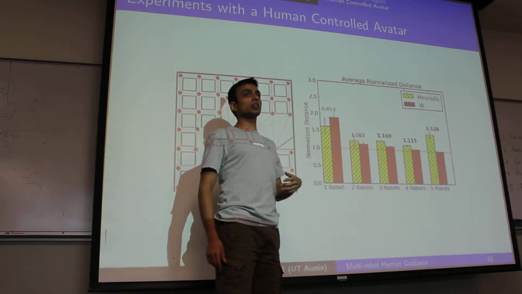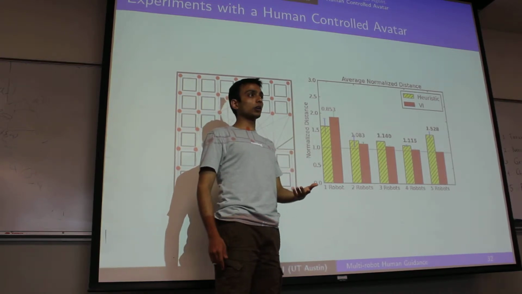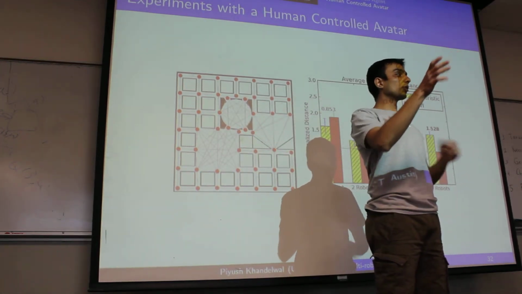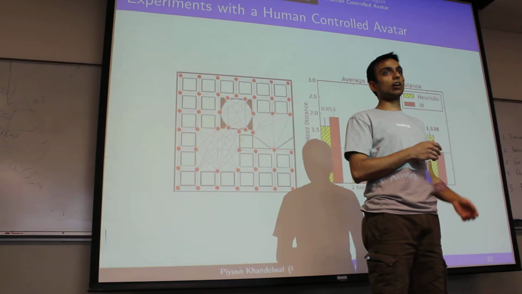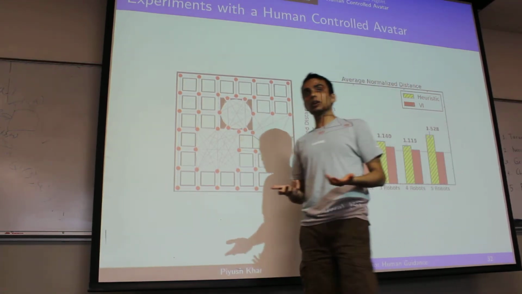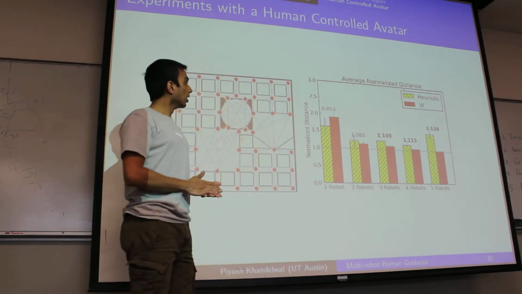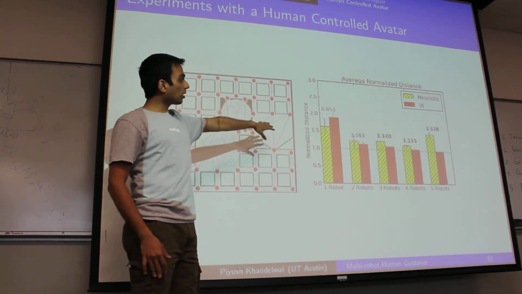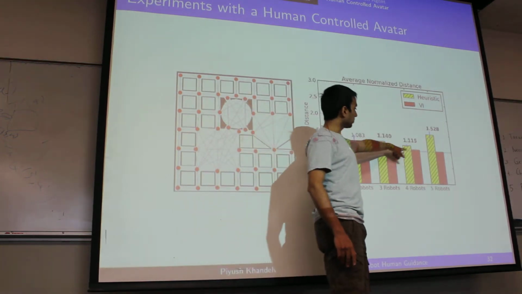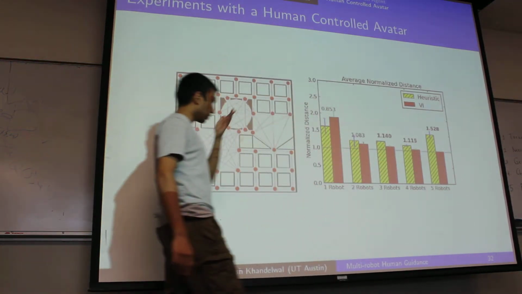And the reason for that is the human might actually be following a different model for their motion. So for instance, if I'm telling the human to go there, but the human always goes left, that's really hard to code up beforehand. So you need to have an idea of how the human's going to behave when you have these robots in the environment. So what this means is that our policy is no longer optimal, but in general it does better every time in all these different instances that we tried.